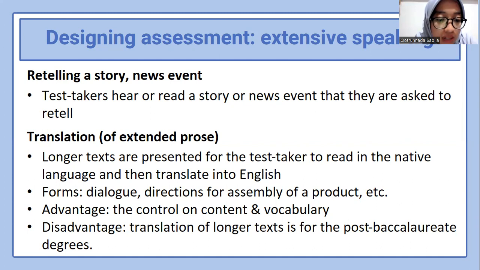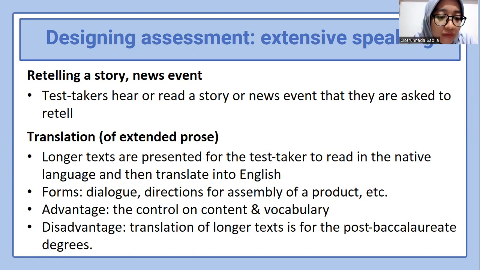Here, longer texts are presented for the test taker to read in the native language and then translate into English. This text could come in many forms, like a dialogue, directions for assembly of a product, a synopsis of a story or play or movie, directions on how to find something on a map, and other genres.